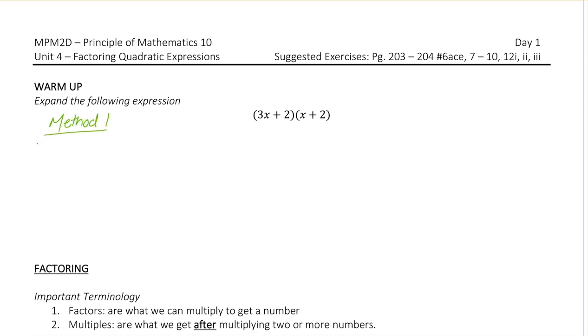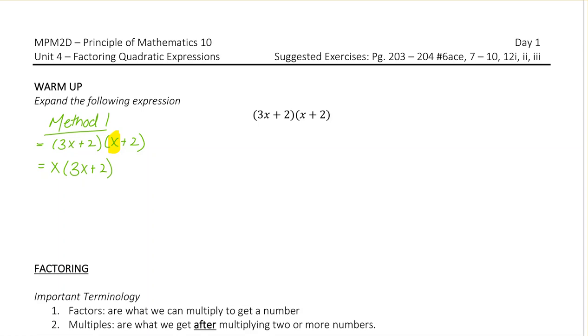we are essentially going to do, I'm going to rewrite the problem. We're going to do as you were in the last unit. Well, what does that mean? It means you're going to take first term in your second bracket here, and you're going to multiply it by everything in your first bracket.